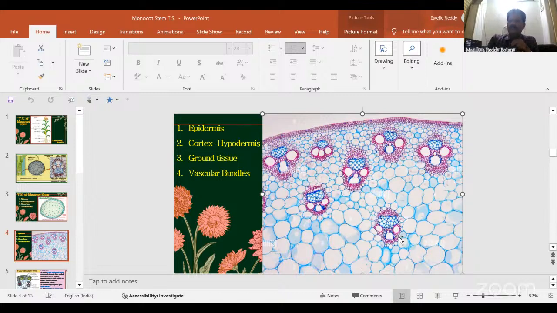Medulla and medullary rays are clearly seen in dicot stem. Here, only ground tissue is seen in monocot stem. Whereas in dicot stem, there is no bundle sheath. Here in monocot stem, there is a sclerenchymatous bundle sheath.